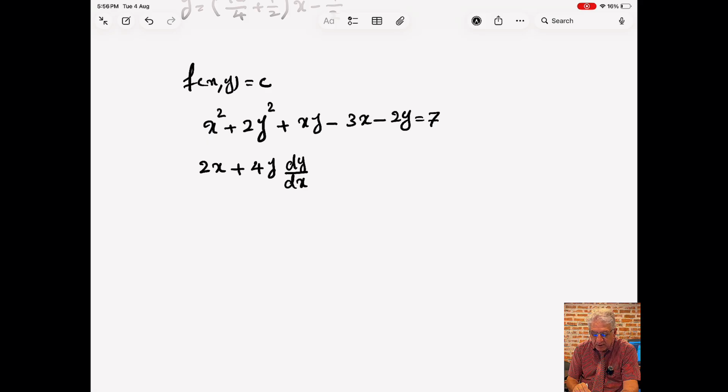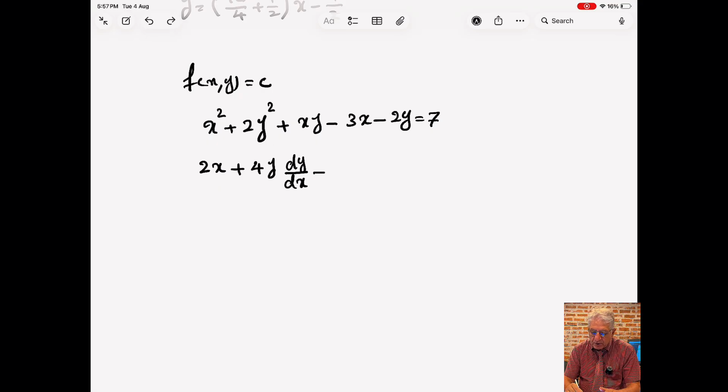Here we are not writing dx by dx because it is 1, since we are differentiating with respect to x. But when differentiating y, dy by dx is not 1, so you have to write dy by dx here.